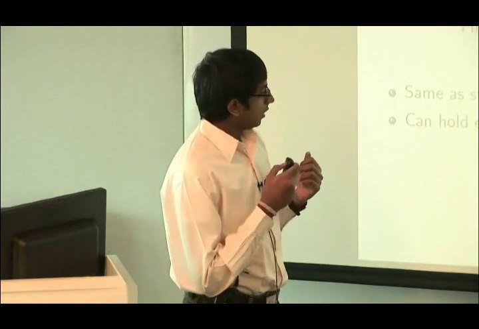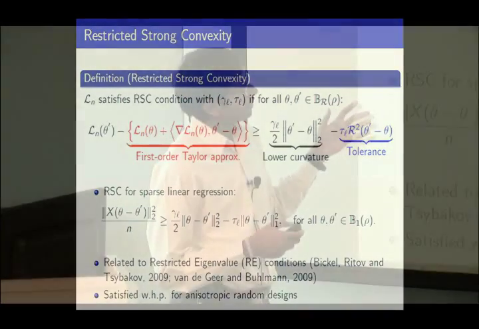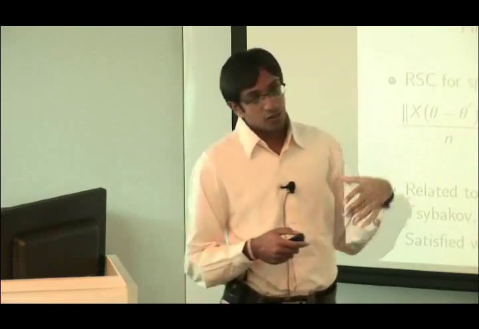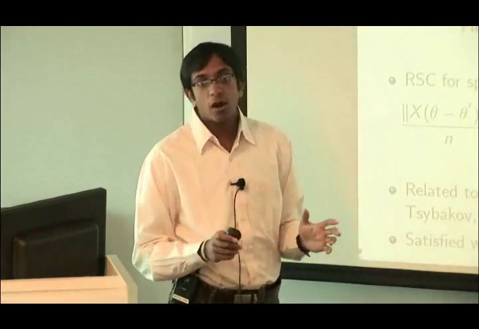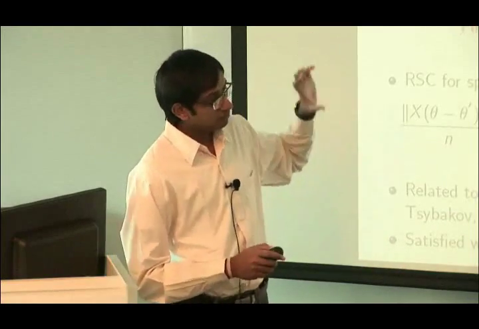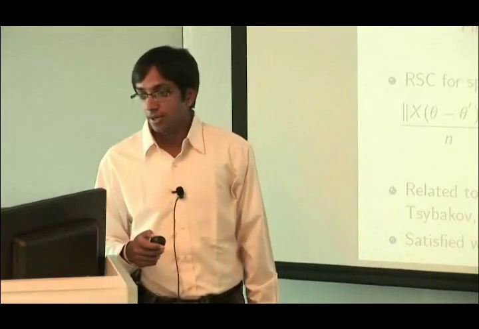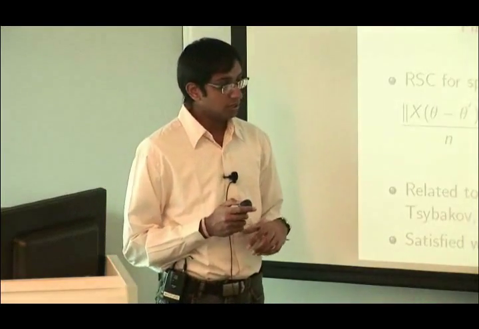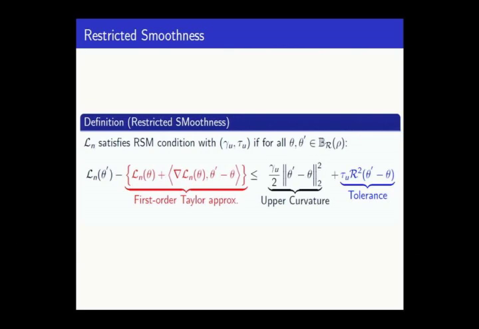Just very quickly, taking the special case of sparse linear regression, this assumption is already well known in the literature by the name of restricted eigenvalue, and people know how to prove it. So we can just piggyback on the existing literature to get this assumption for free from the statistical papers. We also require an analogous upper bound.